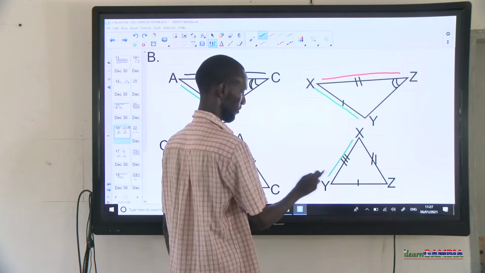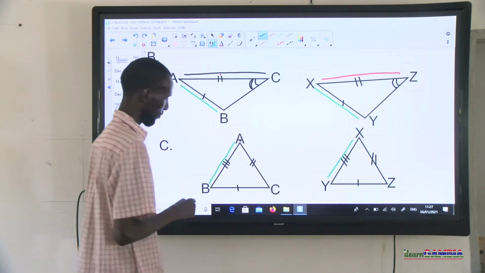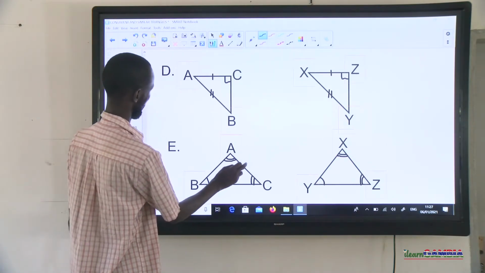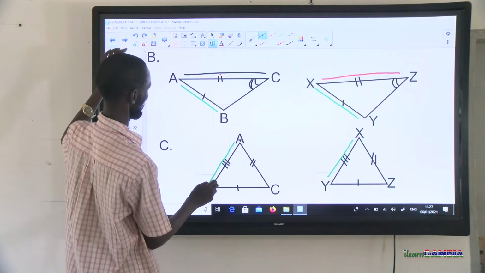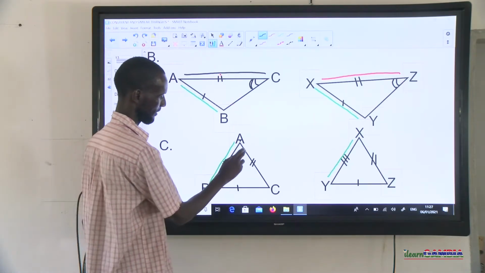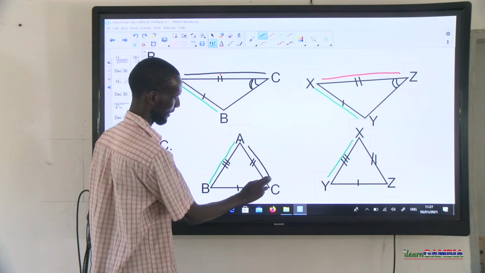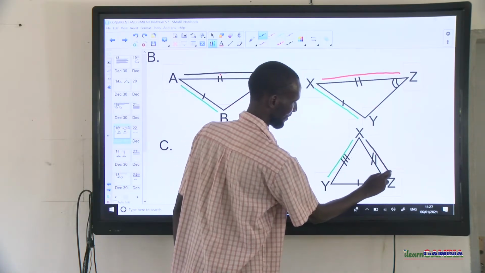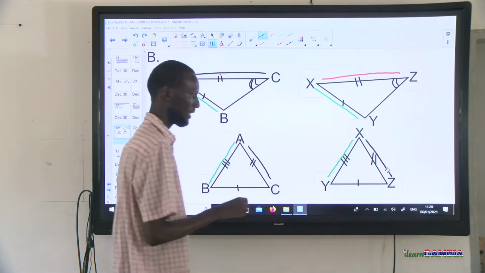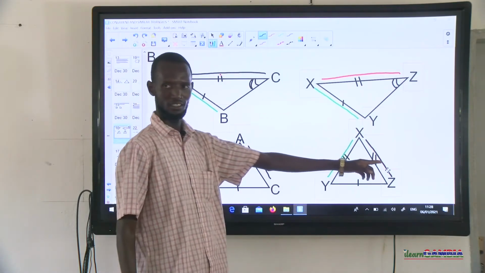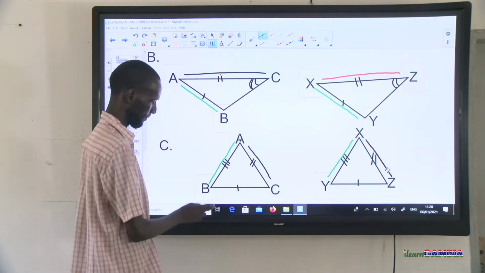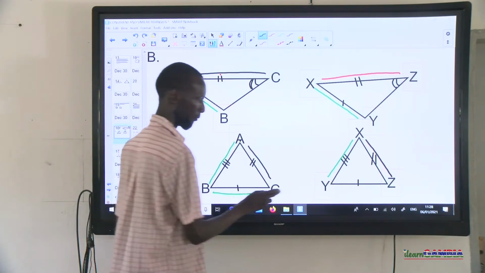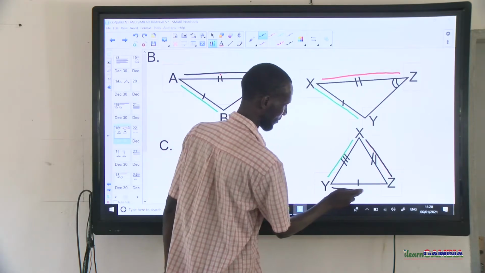So these two sides are equal. We can also see that this side, which is side AC of triangle ABC, is also equal to side XZ here of triangle XYZ. So the two sides are equal. And also the third side still, BC of triangle ABC right here, is actually equal to YZ of triangle XYZ.